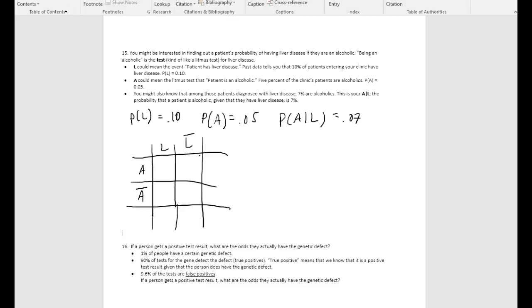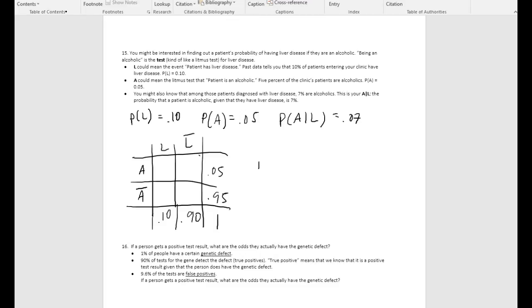Let's write what we know. So probability of L is 0.10. So we know that total is 1, so we know that not liver disease is 0.90. Probability of alcoholic is 0.05, so we know that not alcoholic is 0.95. And we know that we have a conditional here.